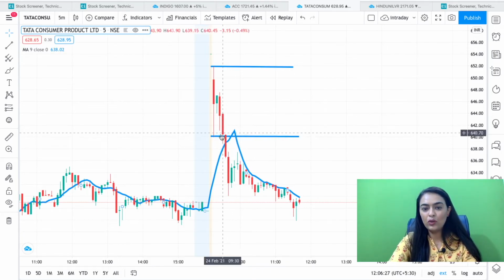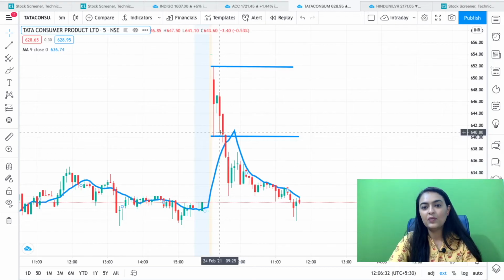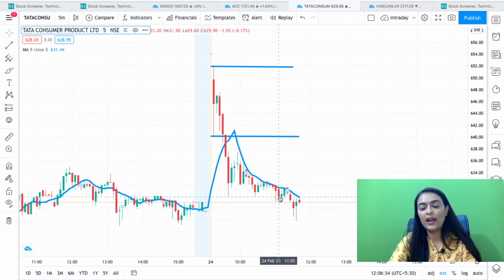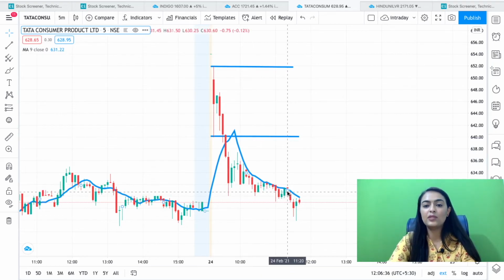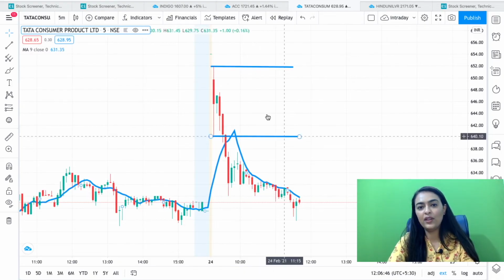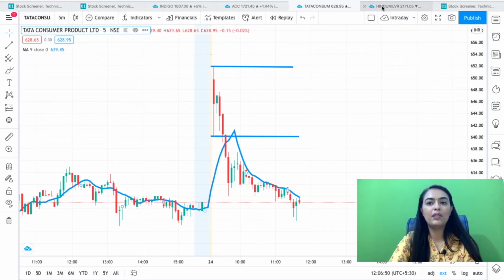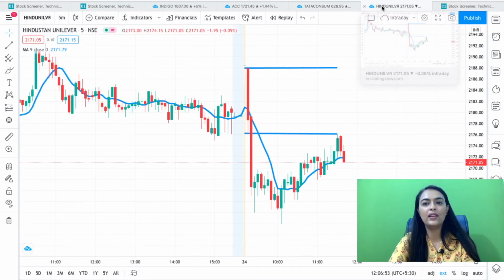I am going to take a short position as soon as it breaks, and I am going to book profit as soon as it attempts to go above the 9 days moving average. So this will be my entry point, this is where I will book profit, and this will be my stop loss. We will see one more example for the open high technique.